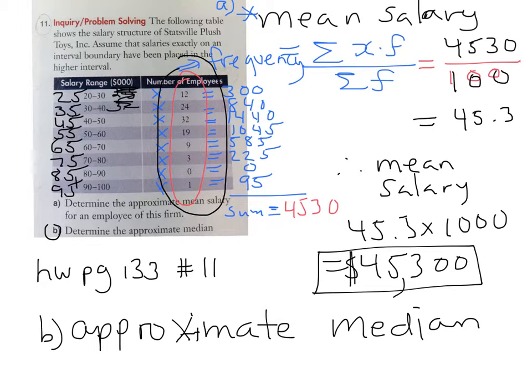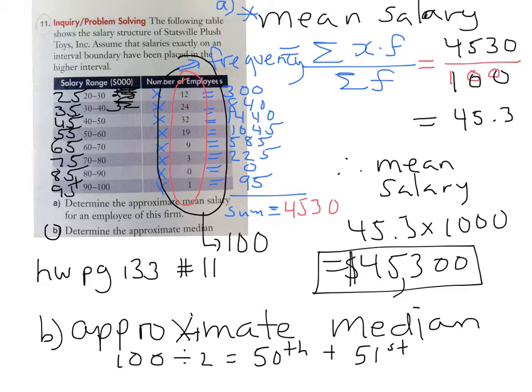We know that all the frequencies add up to 100. So to find the median of 100 numbers, we divide by 2, and you get the 50th number. But don't forget to add the next one. So you're going to add the 50th and 51st number and then take the average of the two.